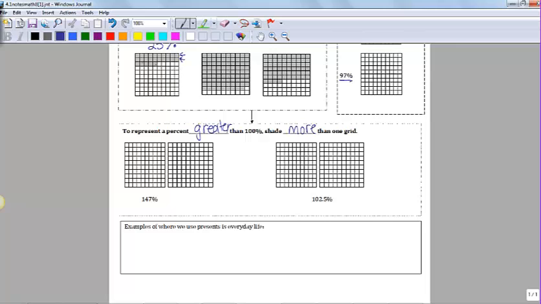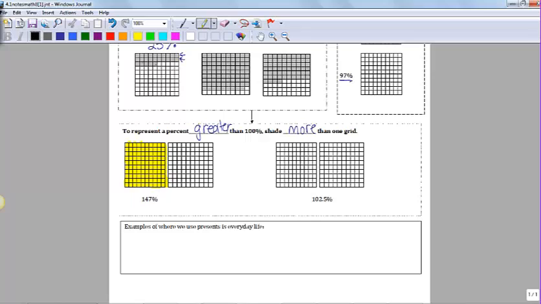So let's take a look at these examples here. Now, this one is 147%. Now I know 100% would be one complete grid, so feel free to shade in that first grid. Your coloring skills are probably a bit better than mine. And then you're going to shade in the extra 47.